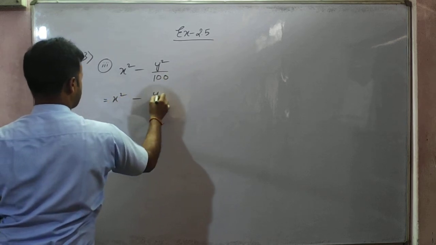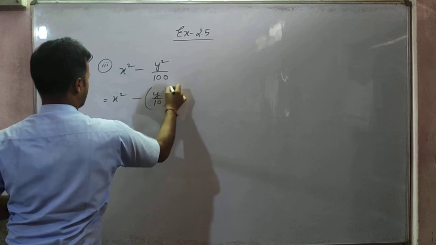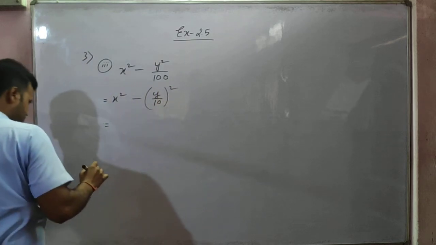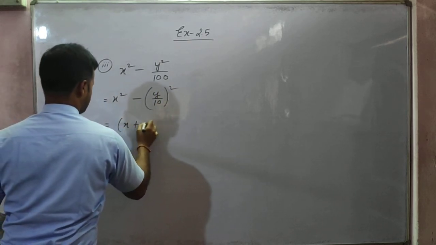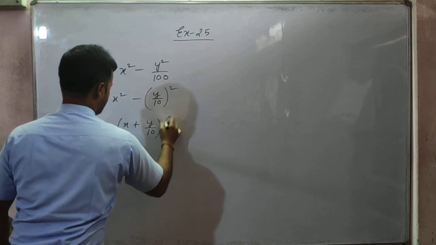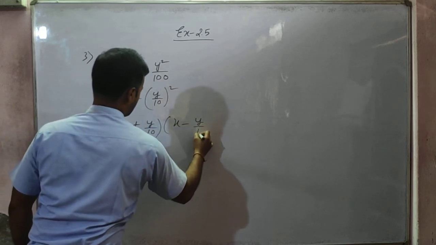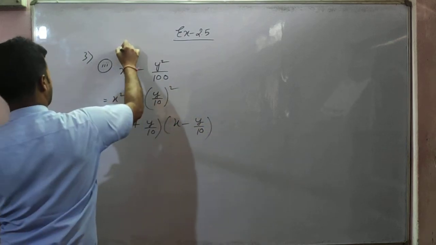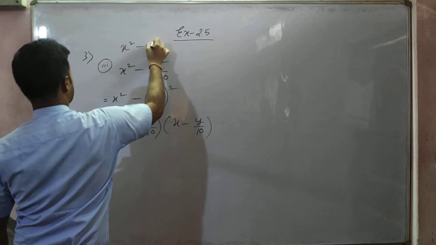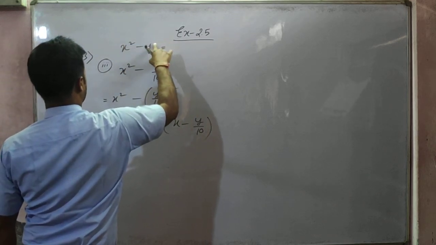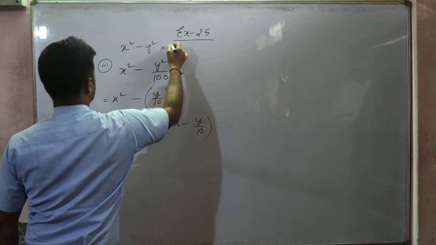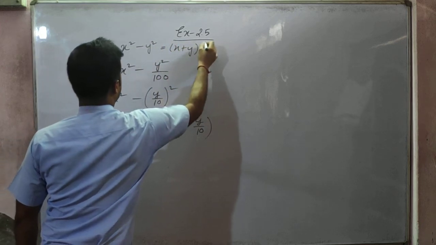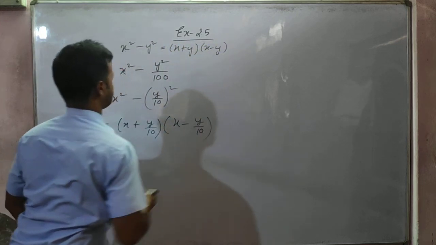So x square minus y by 10 whole square. So this will be x plus y by 10 into x minus y by 10. So x square minus y square is equal to x plus y into x minus y.